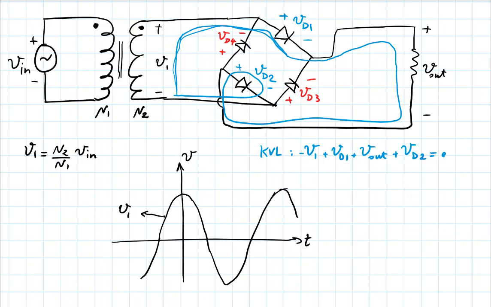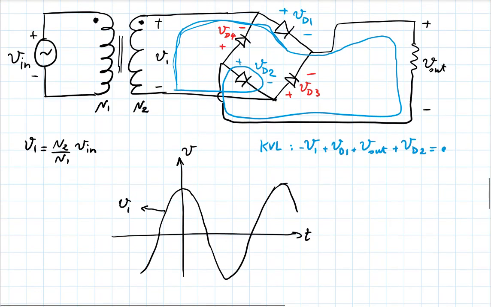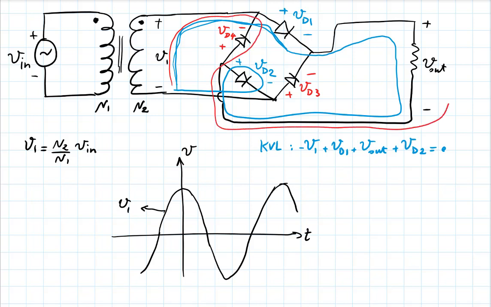So think about the KVL going through VD4 and VD3 and the output. I write that KVL with red, and hopefully this won't be too confusing. It will be a little confusing.